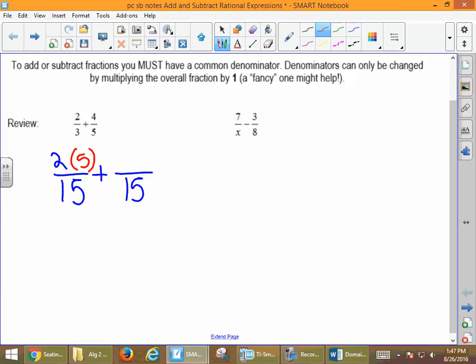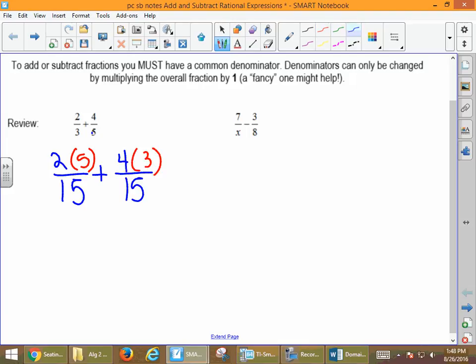So the 2 was already there. We're going to multiply by 5. The process is the same over here on the 4/5. 5 times 3 is 15. So since we multiplied the 5 by 3, we also need to multiply the 4 by 3.